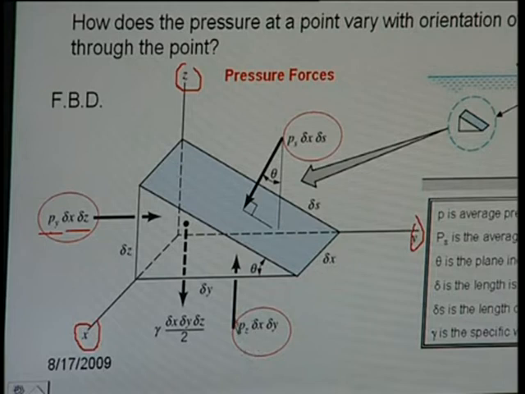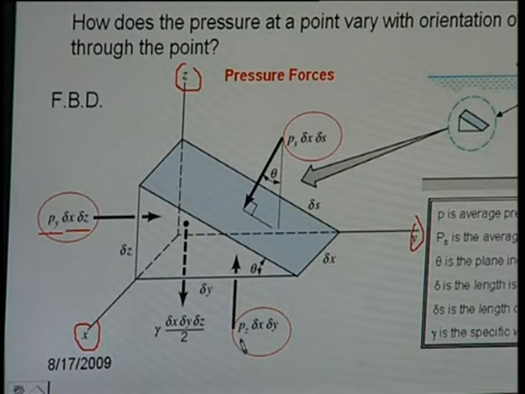Similarly, on the bottom face the force acts upward, because pressure always acts in such a manner that it compresses the fluid. With the help of this statement, we can show the arrow of the pressure force, applied in such a manner that it will compress the fluid. What is the pressure in this direction?